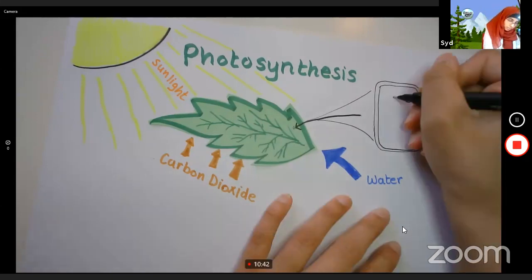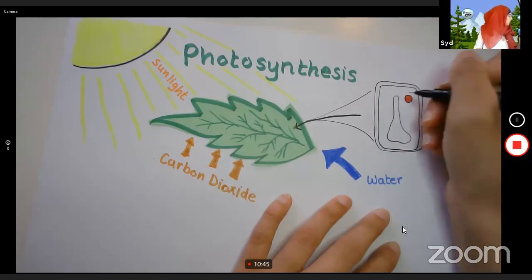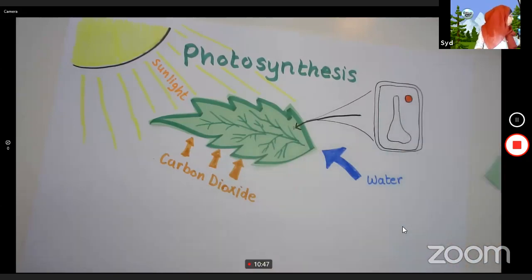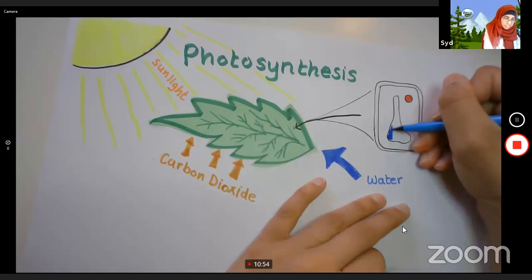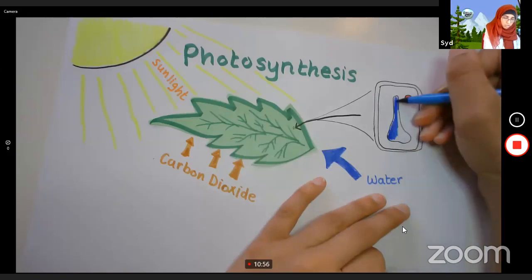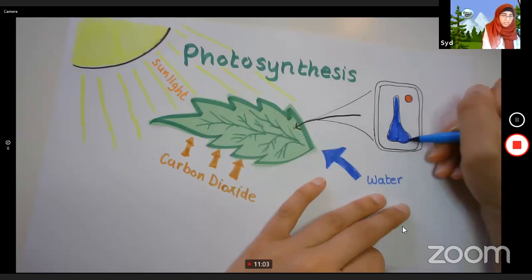So there's a big area over here. I'm going to color that in blue, because that's where the cell keeps some of its water and nutrients and it stores it. Okay, and then you've got the area where all the chemical reactions are happening around here.